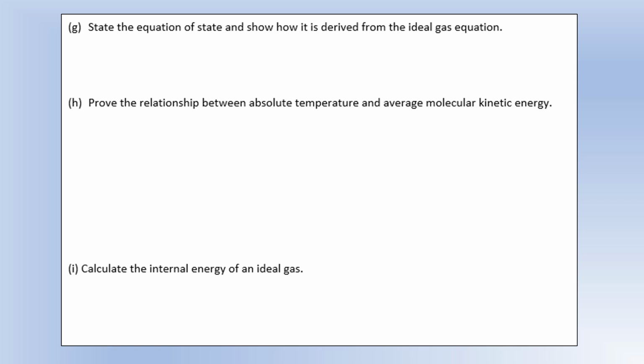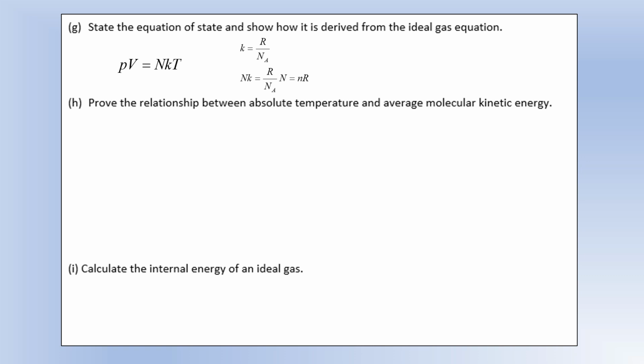Okay, so one final way we model gases is using something slightly different called the equation of state, which looks like this: PV equals NkT. I'd just like to draw your attention to the fact that the N is different. This N stands for the number of molecules of your gas. This equation is fundamentally the same as the ideal gas equation, because k, the Boltzmann constant, is the molar gas constant divided by Avogadro's number.